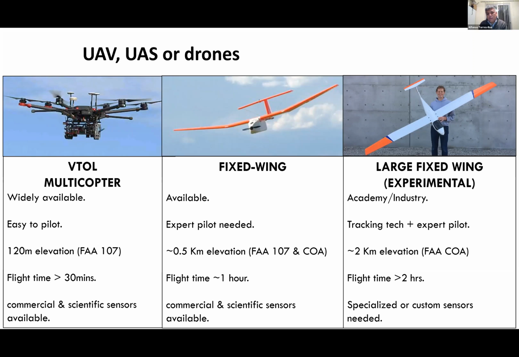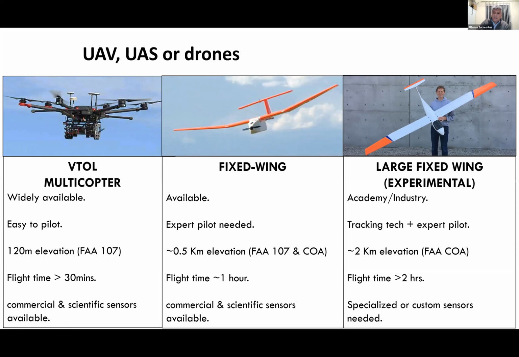A second type of UAVs are called fixed wings. These aircraft have a better performance in terms of altitude and scale. They could fly at higher elevations, so additional permissions might be required. Again, these are becoming more available commercially.